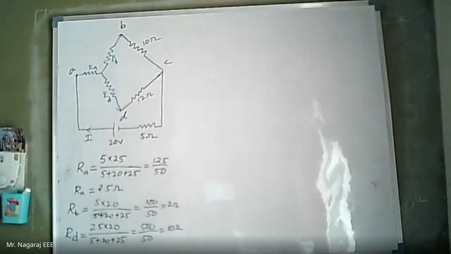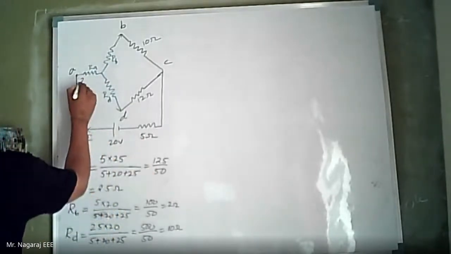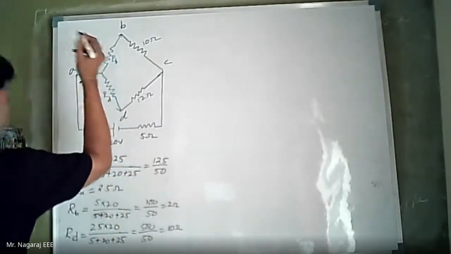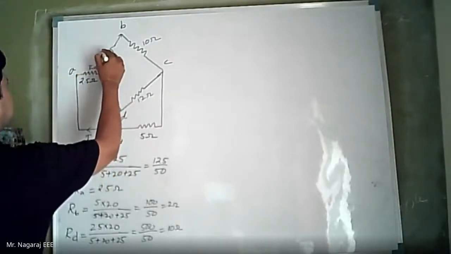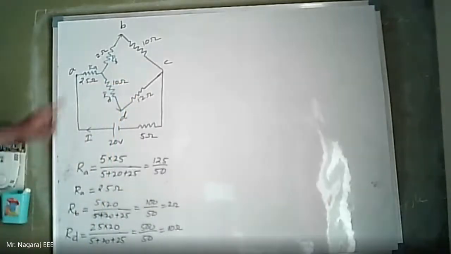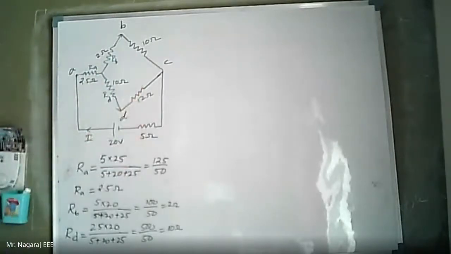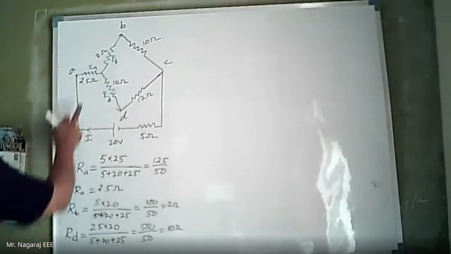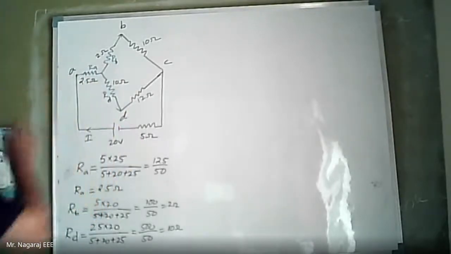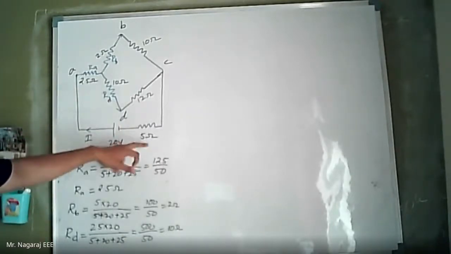So now RA is 2.5, RB is 2 ohms, and RD is 10 ohms. Now you can observe that 2 ohm and 10 ohm are in series. So these two resistances are in series, and 2.5 ohm and 5 ohm are in series.